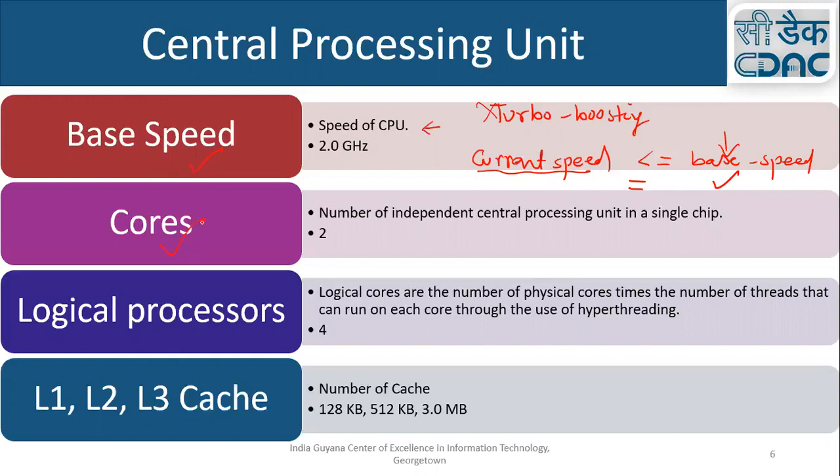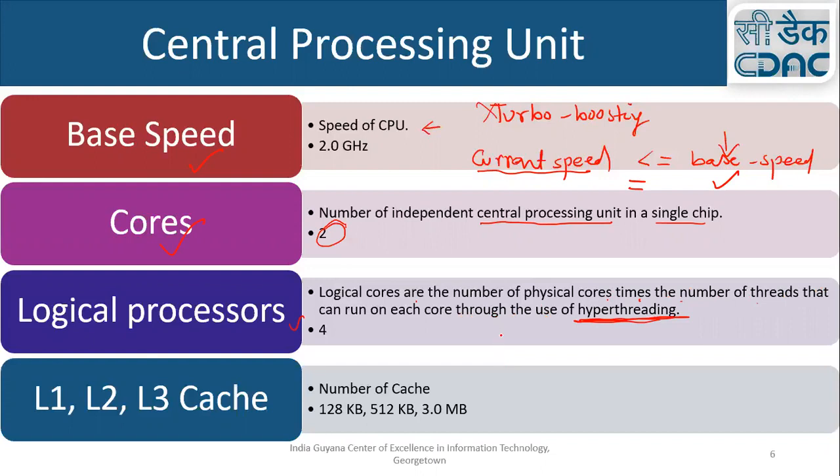Now the cores. The number of independent central processing units in a chip is your core. Here it's 2 on both the left and right in the previous diagram. The number of cores is 2. What is the meaning of logical processors? This is the definition: logical cores are the number of physical cores times the number of threads that can run on each core through the use of hyperthreading technology.